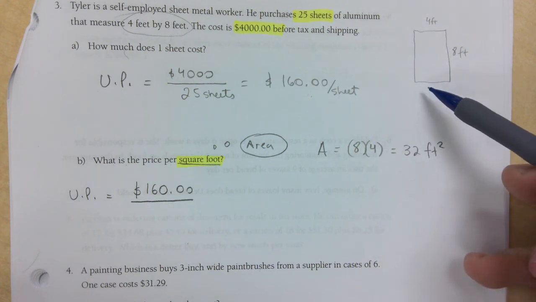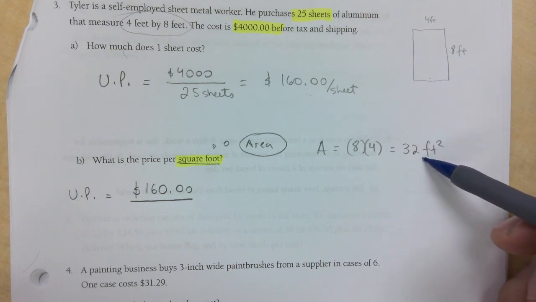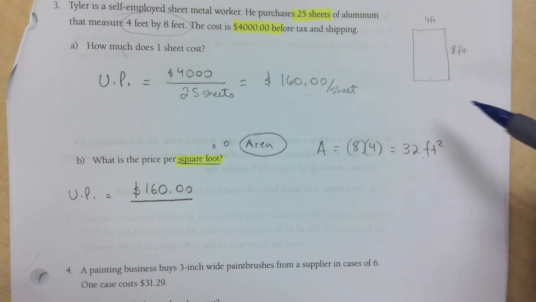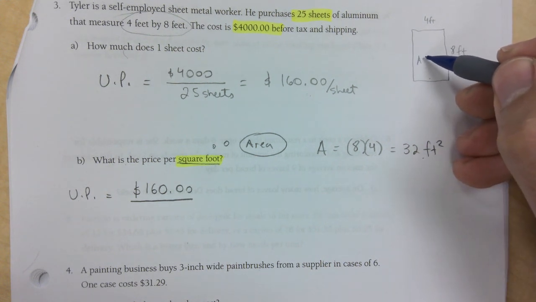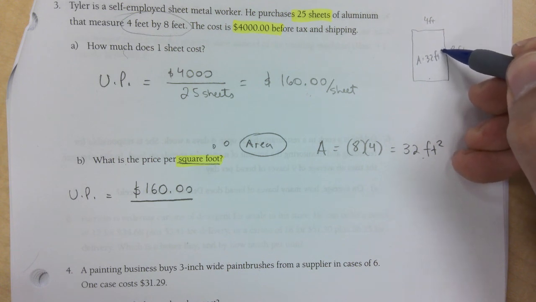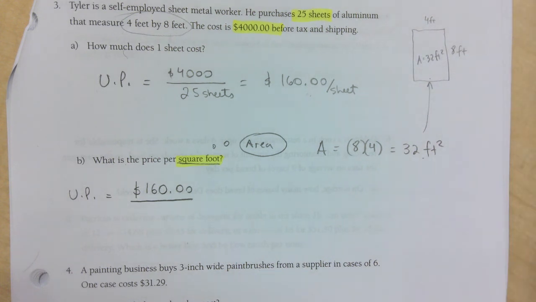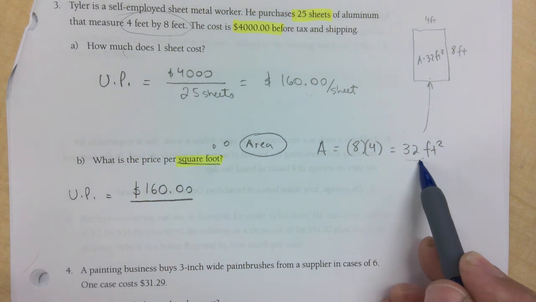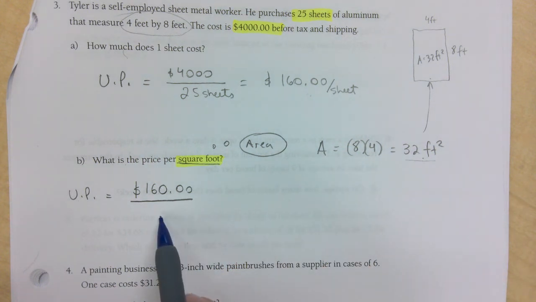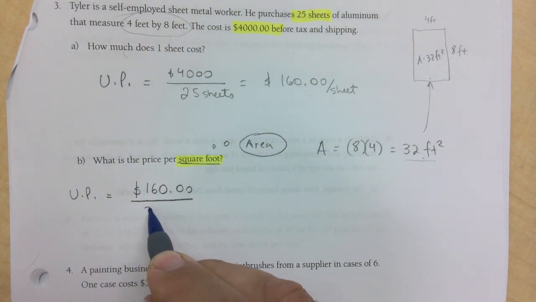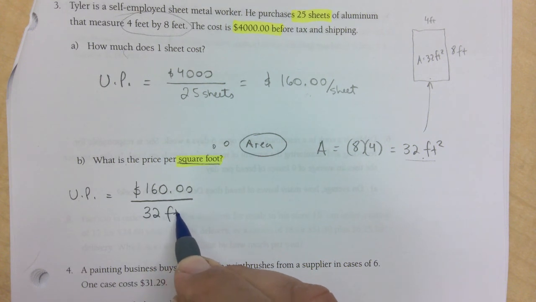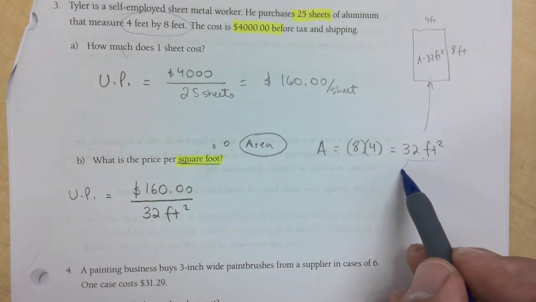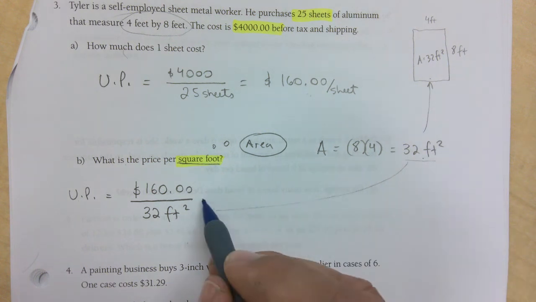So one sheet has 32 square feet of coverage, right? So the area is 32 square feet. I'm going to put that down. And that's where I get the quantity from in this case. So essentially that's where I got that from.